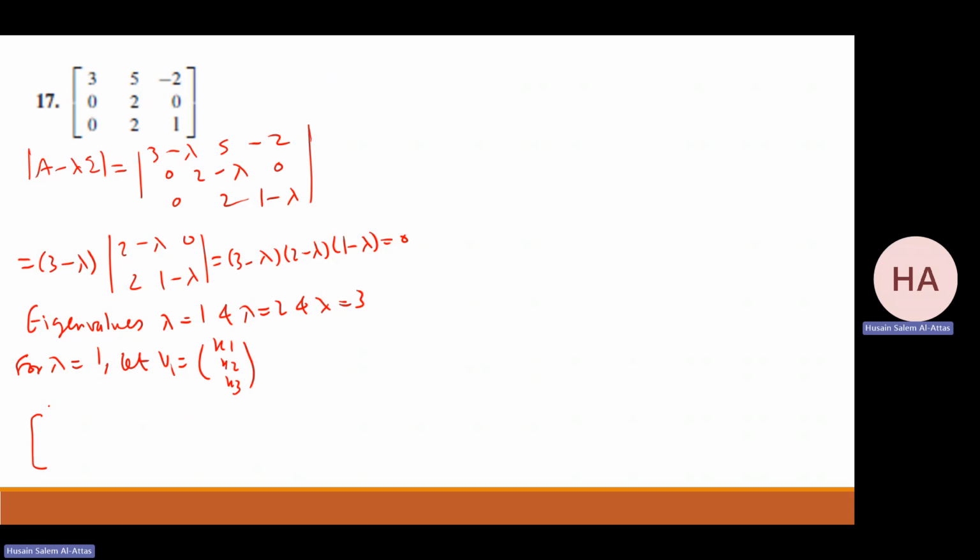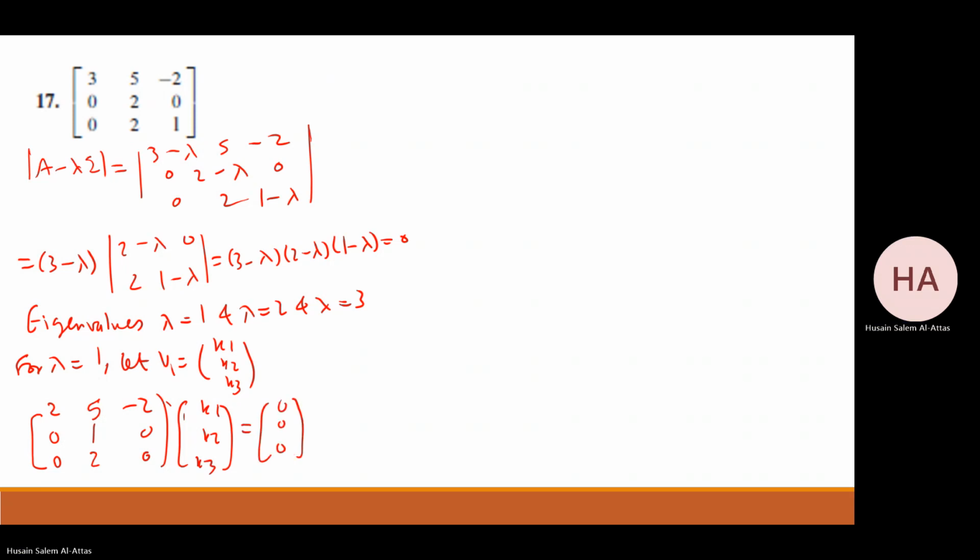So we have what? 3 minus 1, that will be 2, 5, minus 2; 0, 1, 0; 0, 2, 1 minus 1, that will be 0, times k1, k2, k3 equals 0, 0, 0. So I'm getting 2k1 plus 5k2 minus 2k3 equals 0, k2 equals 0, 2k2 equals 0.